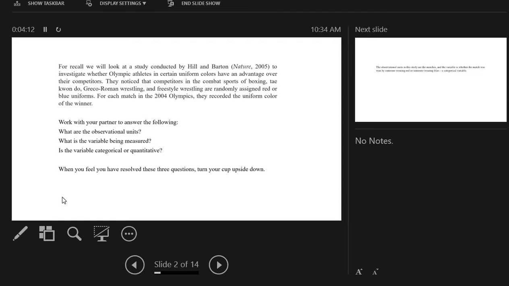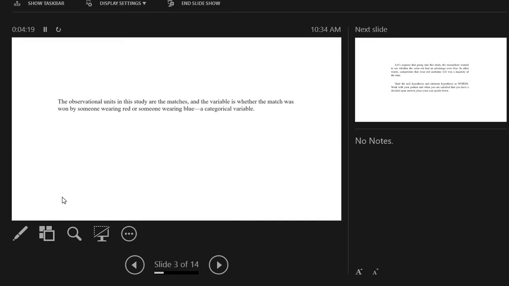And is the variable categorical or quantitative? All right. The observational units are the matches. So the way you should think of it is put yourself into that study and say, look, I'm going to be the recorder. In our studies, there is usually a postdoc that's the recorder.